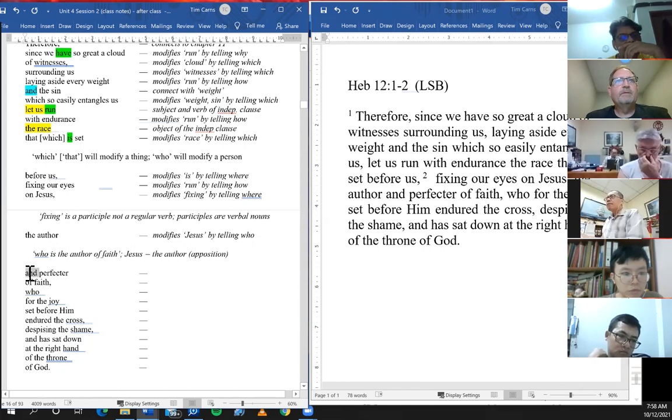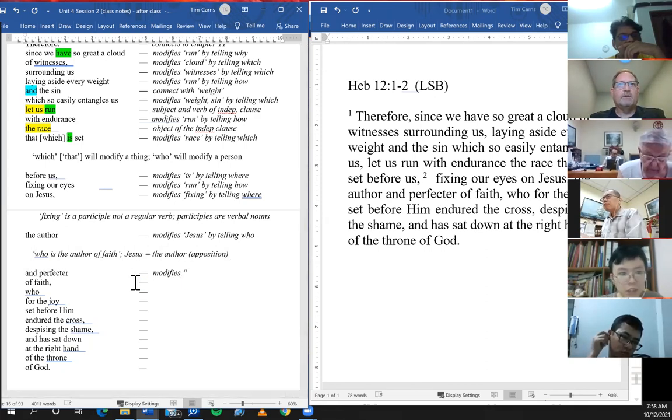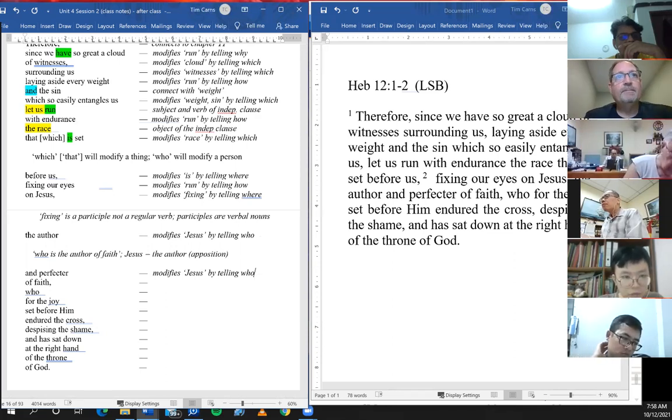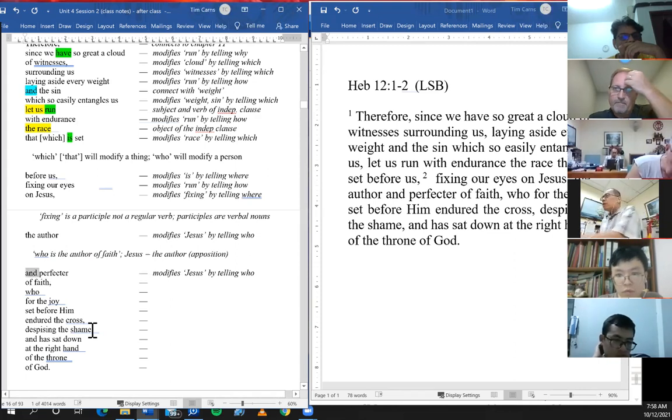Notice the word and. It's connecting, linking author and perfecter together. So it's actually doing the same thing as author. It's modifying Jesus, as you said. It's a second description of Jesus here. Jesus is first the author, and second the perfecter. So they both are modifying Jesus, and that word and tells us that they're connected together that way.